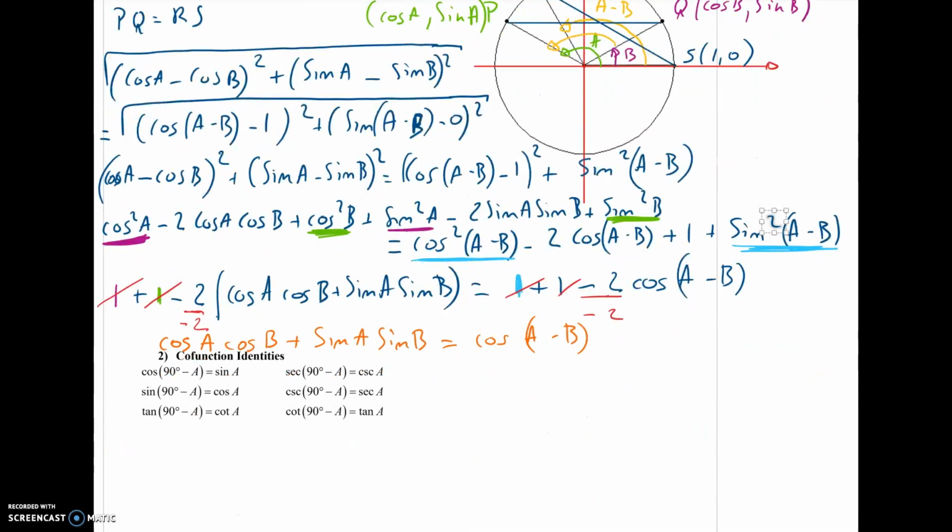So, cofunction identities: cosine of 90 degrees minus A equals sine A. You will have to use that also.